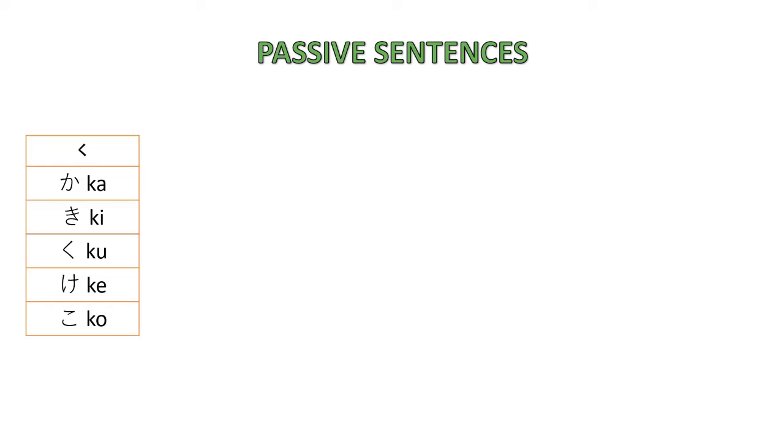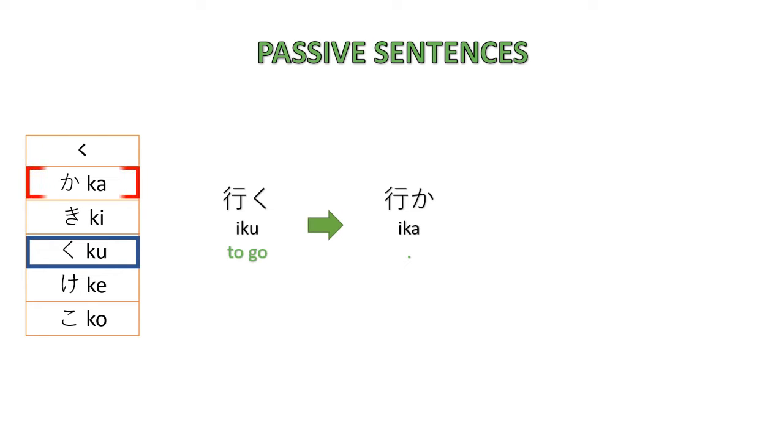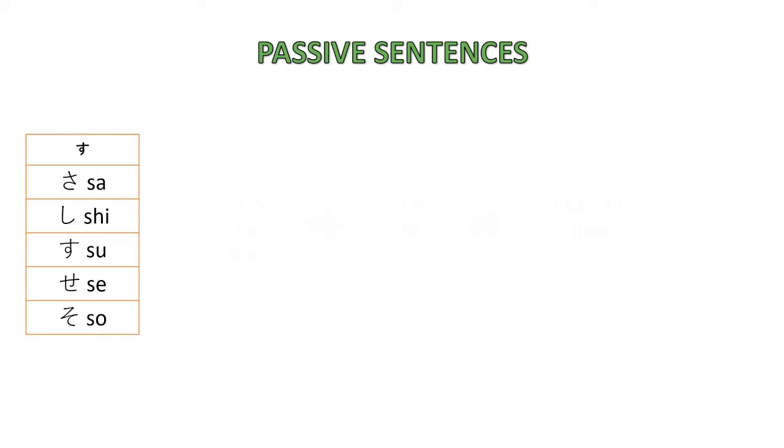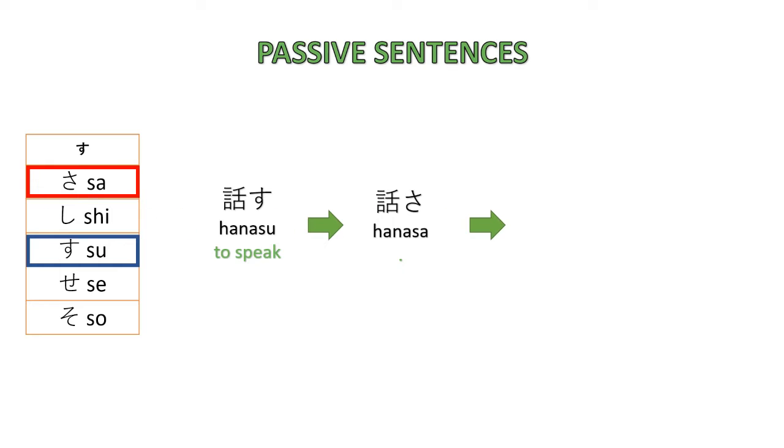For verbs ending in ku, so iku. Again, in the hiragana ladder, change it to a, becomes ika, and then add reru. So ikareru. For verbs ending in su, for example, hanasu becomes hanasa, and then add reru, hanasareru.